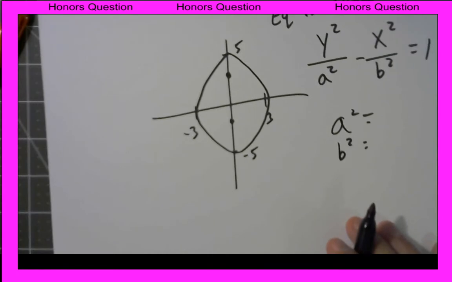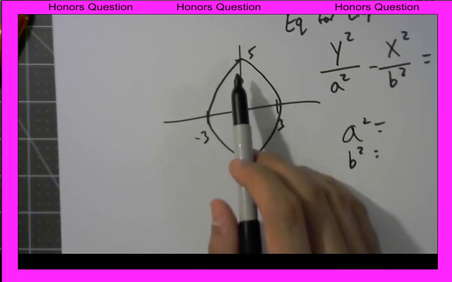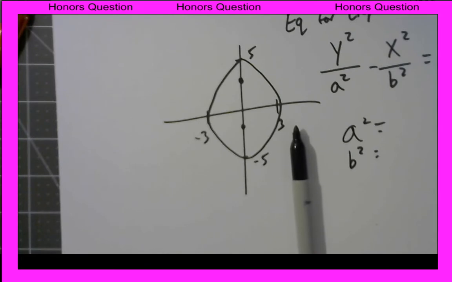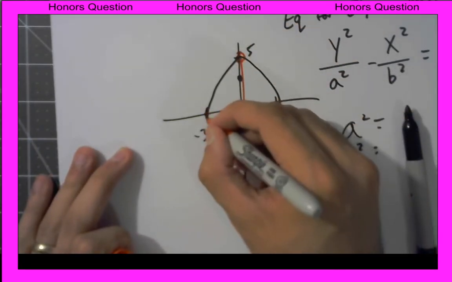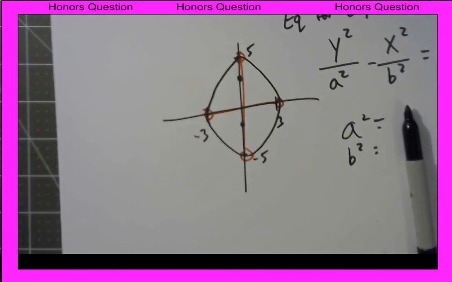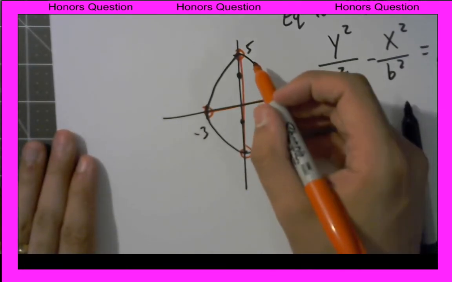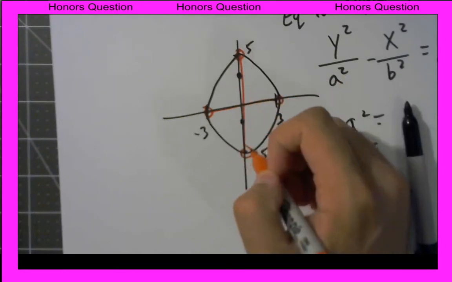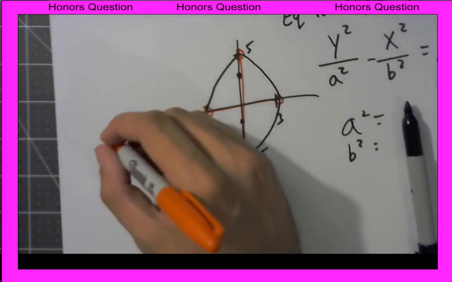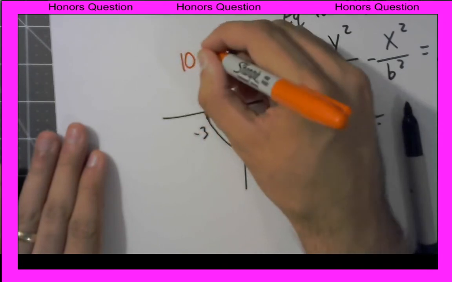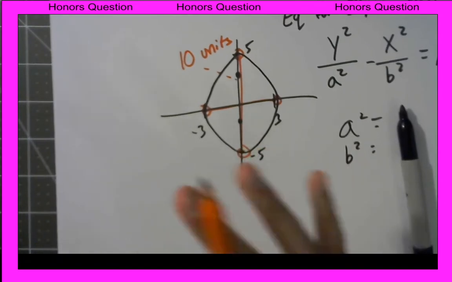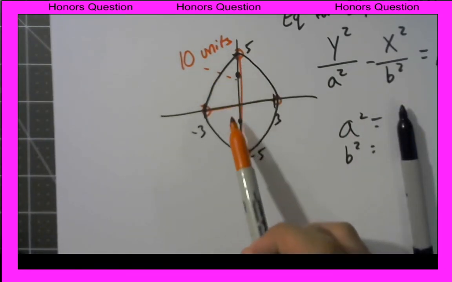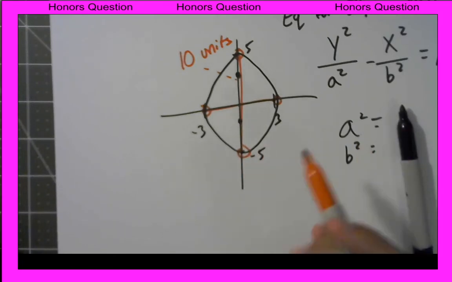So what do I have? I have two distances here. I have my longest axis, which goes from here to here, and my shorter axis, which goes from here to here. This axis is 5 to -5, so that's going to be 10 units long. You could remember your distance formula from a long time ago, but you can also just count: there's 5 this way, 5 this way.